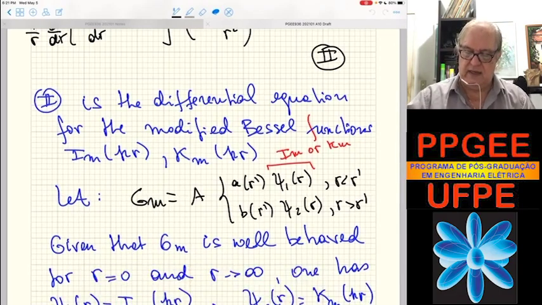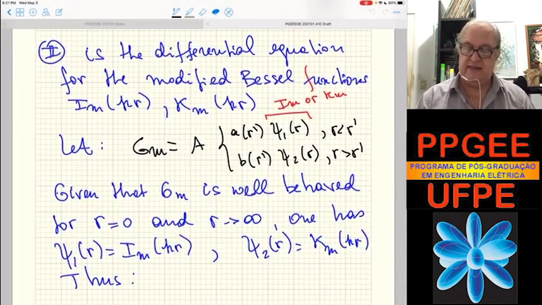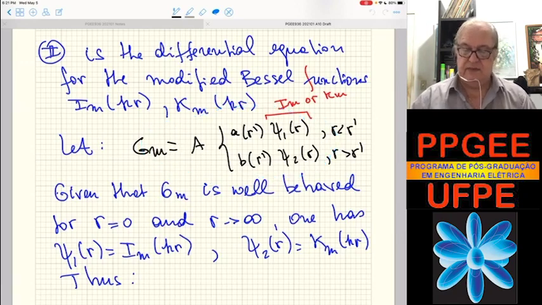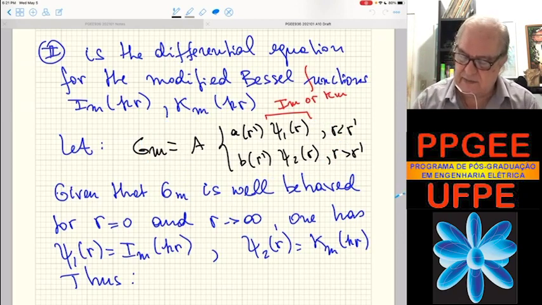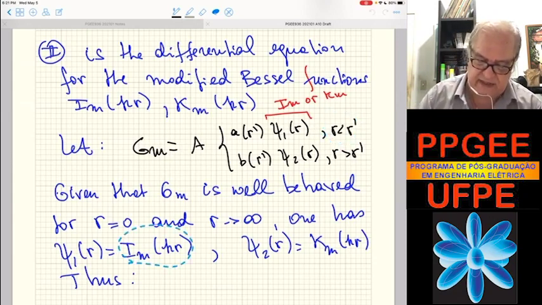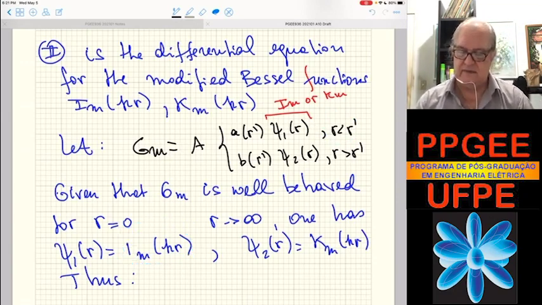So just recalling, we have as our function something like this. But for r smaller than r prime, the function has to be well behaved. So the solution for r smaller than r prime has to be a modified Bessel function of the first kind, which is the one that has no singularity at the origin.